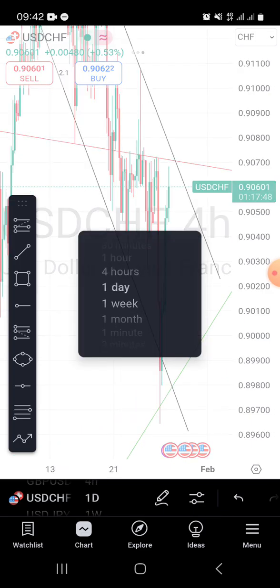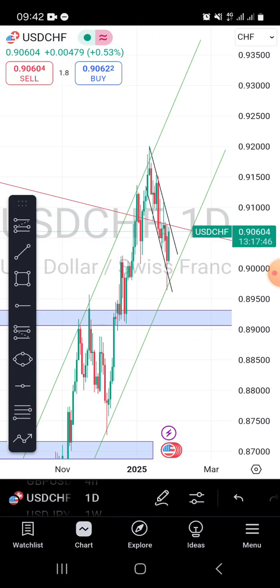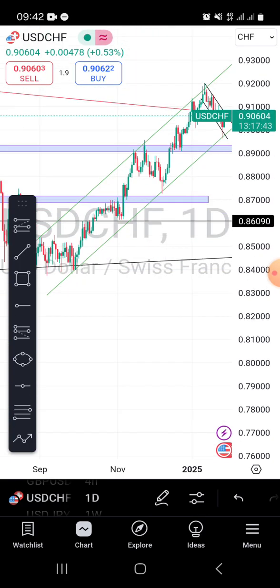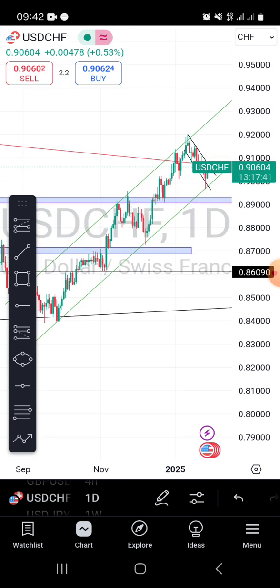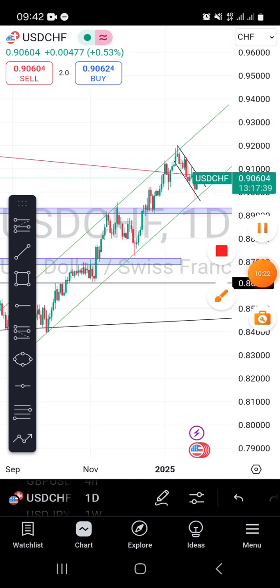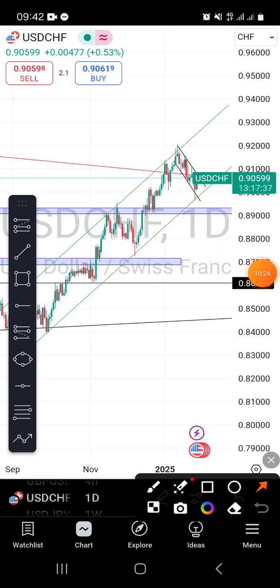USDCHF. Yeah. On D1, the USDCHF is on a clear uptrend. You can see that. First touch, second touch, just made the third touch yesterday.